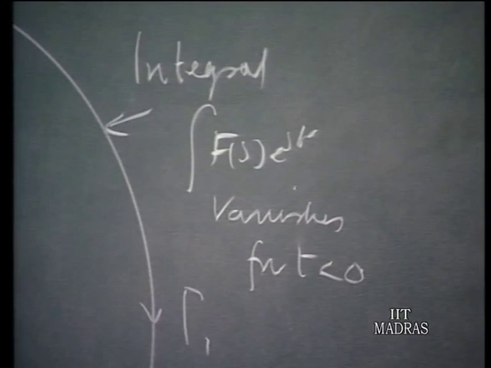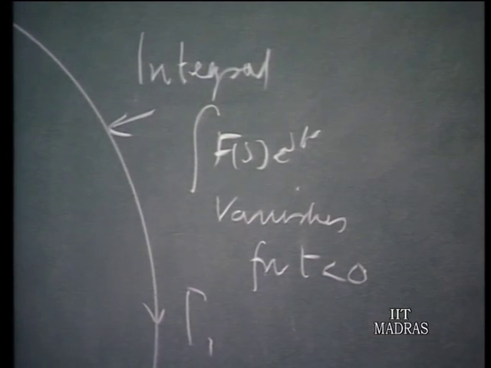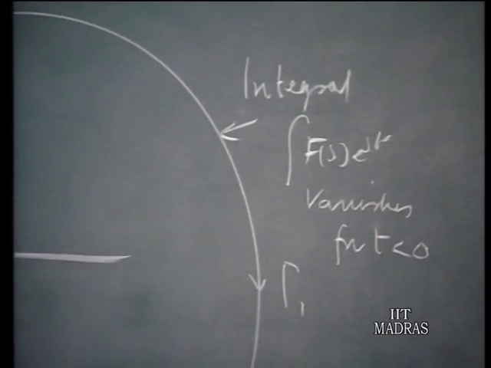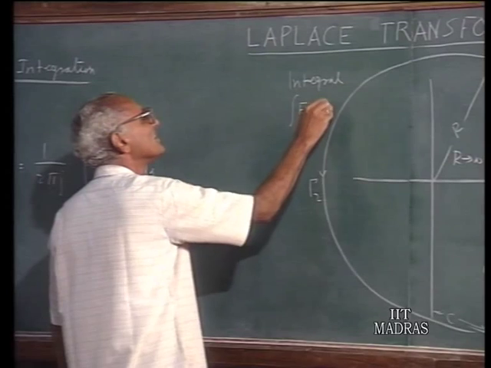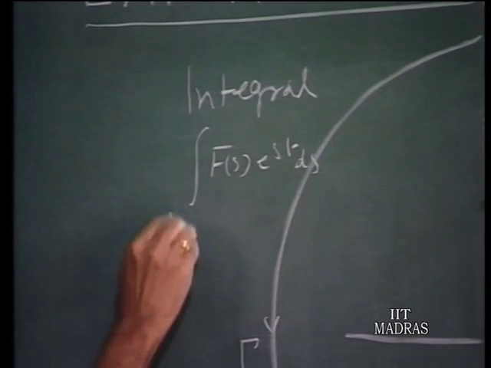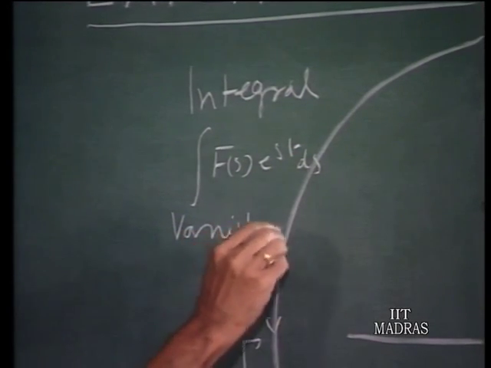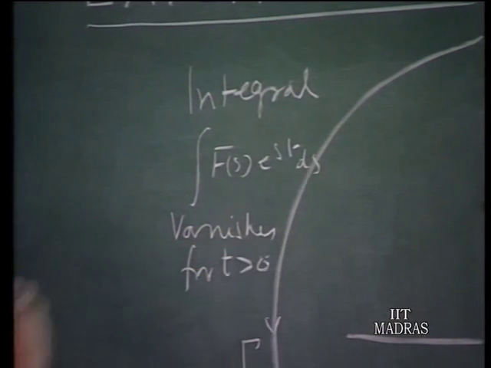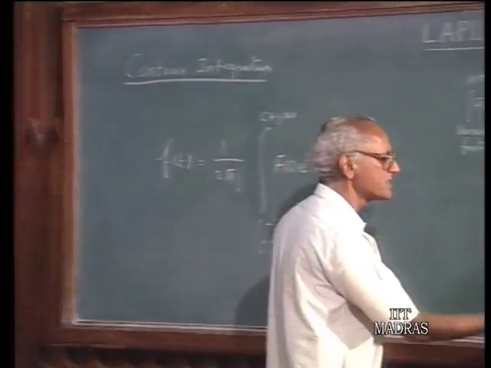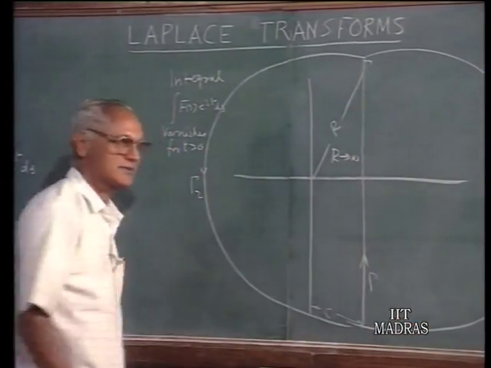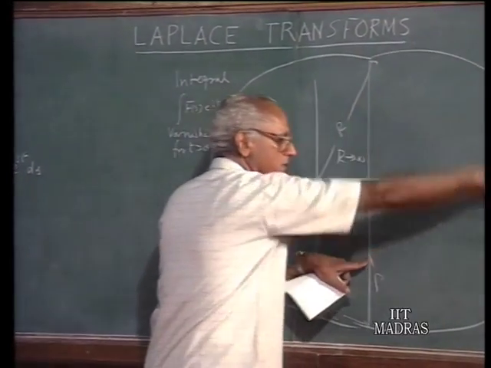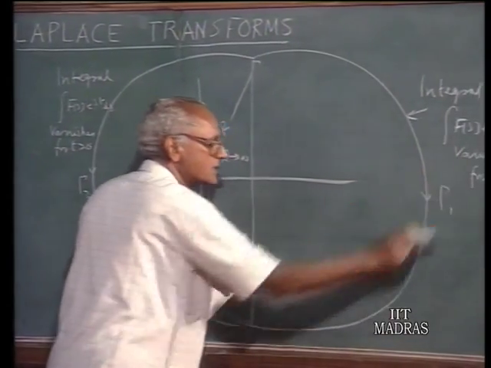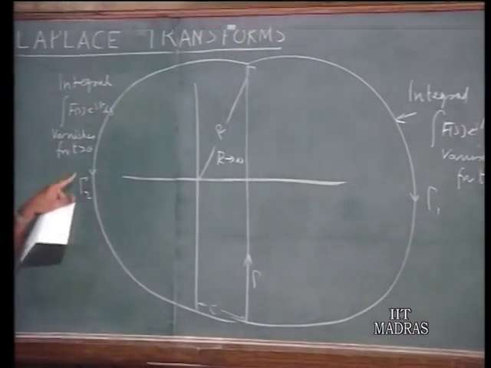On the other hand, if you take it along this contour gamma 2, this integral f of s e to the power of st ds vanishes for t greater than 0. So since we want to really evaluate this integral along this contour from this point to this point, nothing is lost if you add to this contour this particular large semicircle for t less than 0 and this large semicircle for t greater than 0.